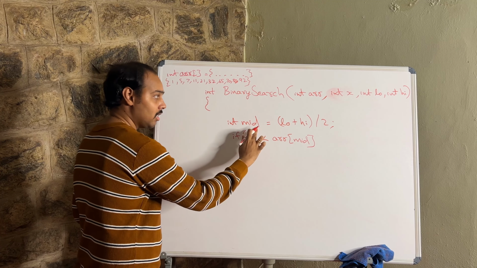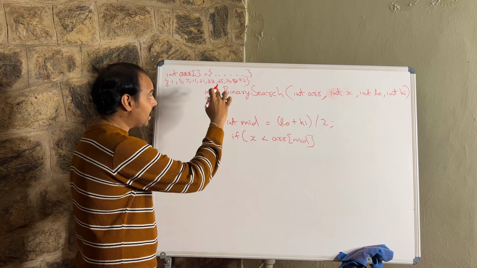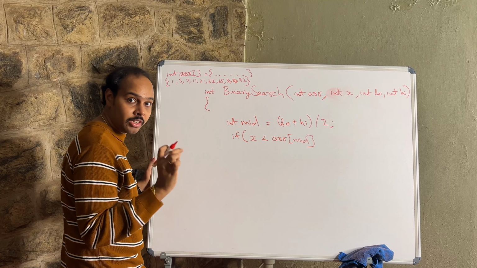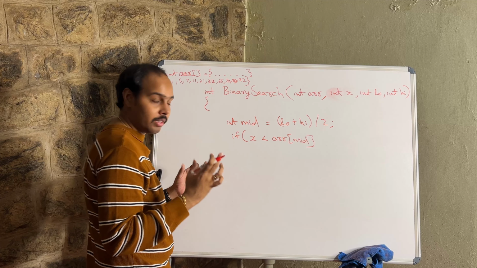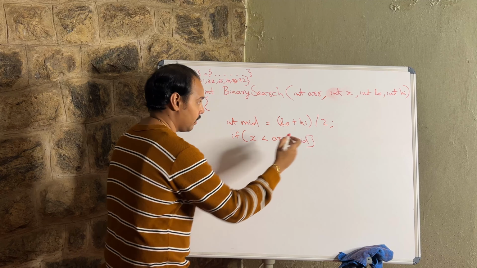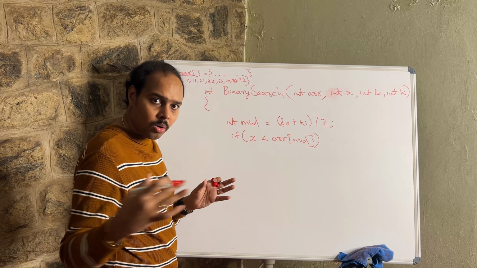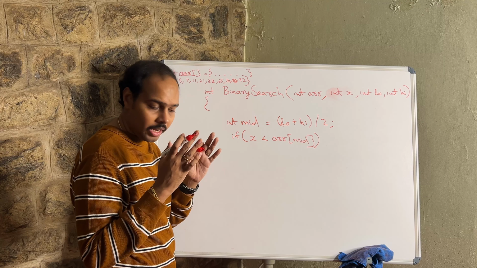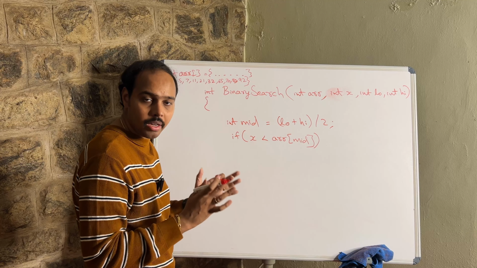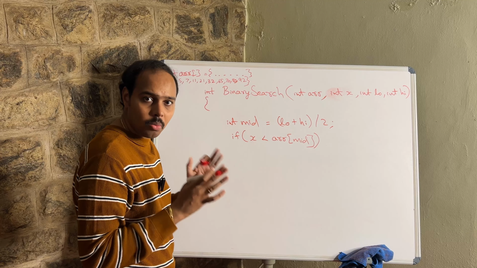Keep in mind, mid is not the number in the array but just the index or the position in the array, like the page number in your dictionary. If x is less than the mid element, we can ignore whatever is on the right. So we have to take care only of the left side of mid. What is the left side of mid? The left side of mid is nothing but from low to mid minus 1. We will call the same function for this subproblem also.